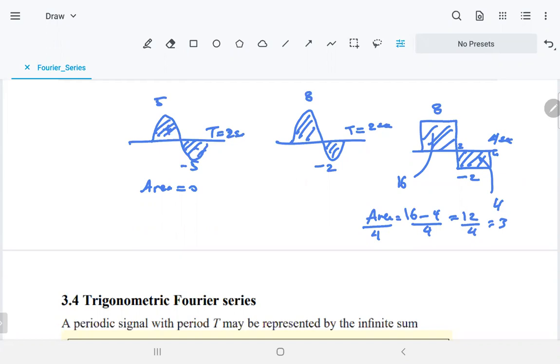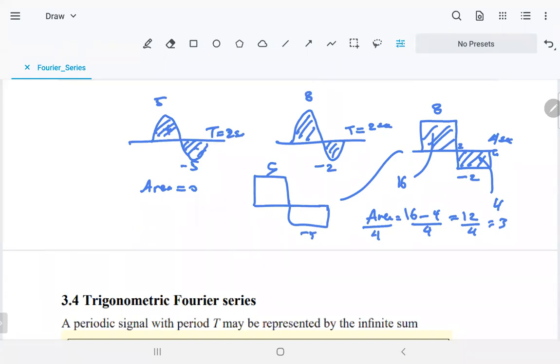What does it mean? This signal, when it was symmetric, I added a DC source equal to 3, so it lifted everything up. If you take the 3 out, you'll have 5 at the top and minus 5 at the bottom, symmetric, no DC.